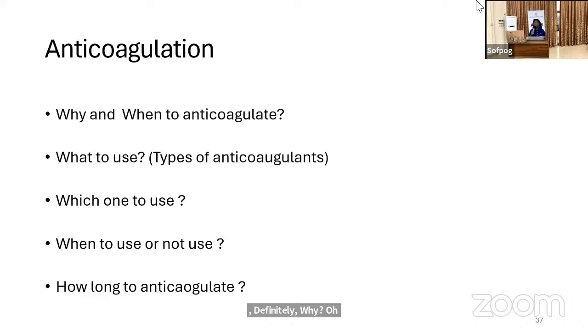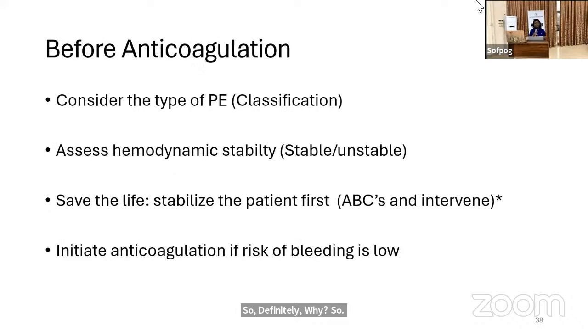So anticoagulation: why, when to anticoagulate, what to use, which one, when, and how long should we anticoagulate? It depends. I'm focusing more on pulmonary embolism because they are the ones that will cause significant mortality. We classify pulmonary embolism as either massive, submassive, or non-massive, according to our cardiovascular guide. The massive ones are the ones that come with shock and hemodynamic instability.